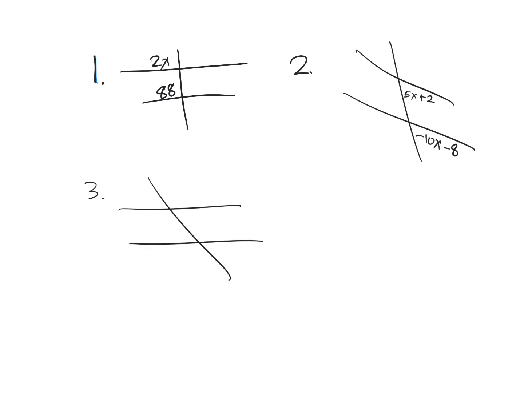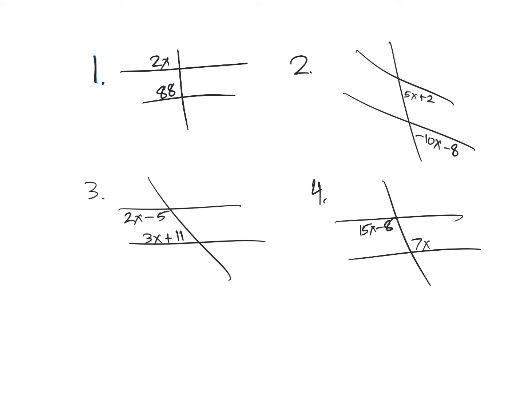is 2x minus 5 and 3x plus 11. And number 4 is 15x minus 8, and that is 7x plus 56.